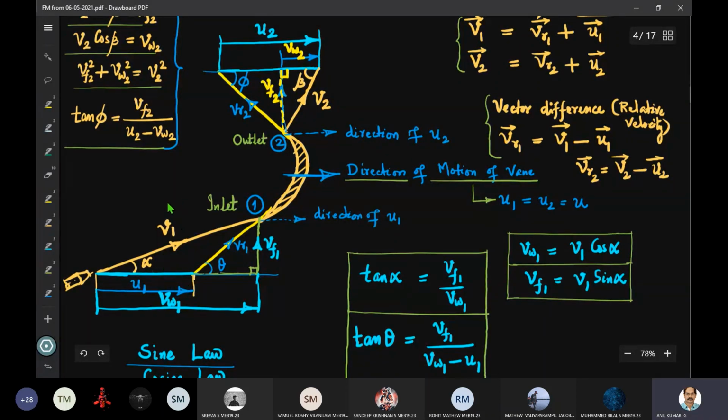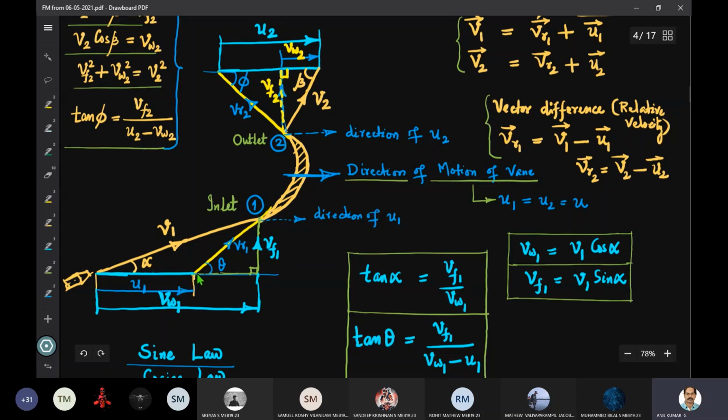Absolute velocity of the jet striking is V1, and inlet is 1, outlet is 2. The velocity of the blade, that is U1, and the component of absolute velocity in the direction of U1, that is VW1, that is called whirl component of velocity.